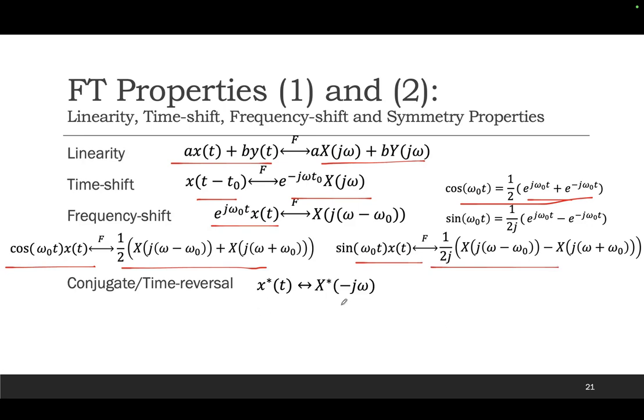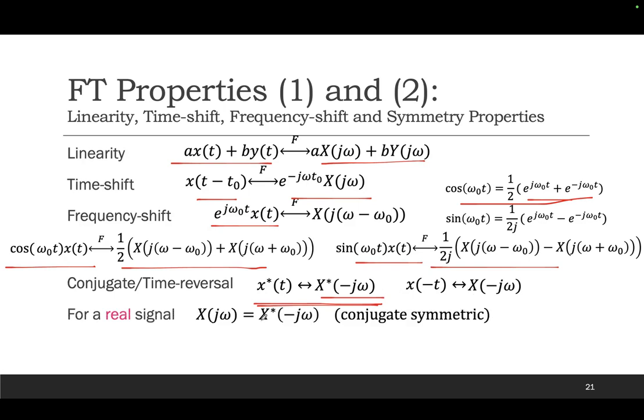If you have x(t) and its FT is X(j omega), then the conjugate's FT should be like this. Time reversal is just like this. Okay, for a real signal, this one should equal this one, because x(t) equals x conjugate (t).